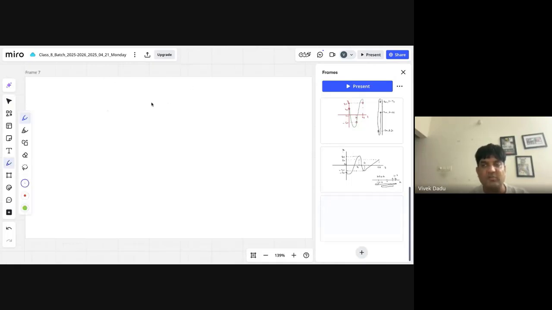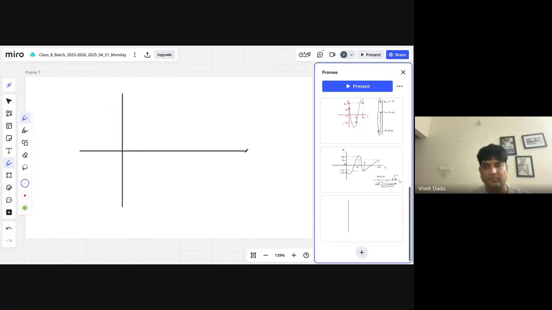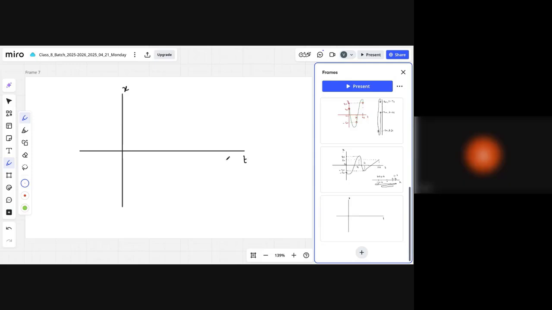Now this is something which will get linked to what you have learned earlier. Sir, is it okay if we even draw the interpretation with the horizontal line?